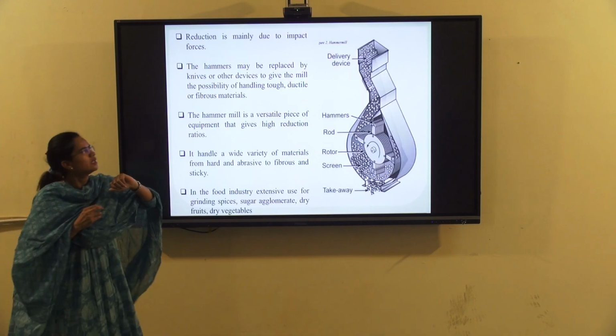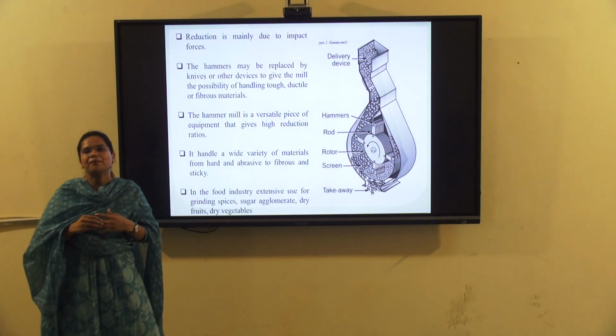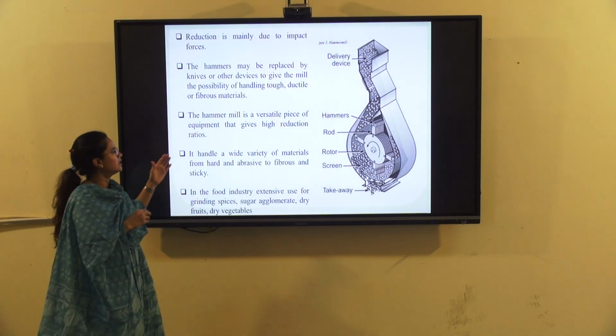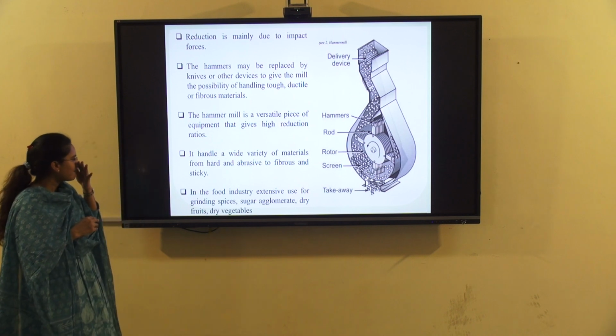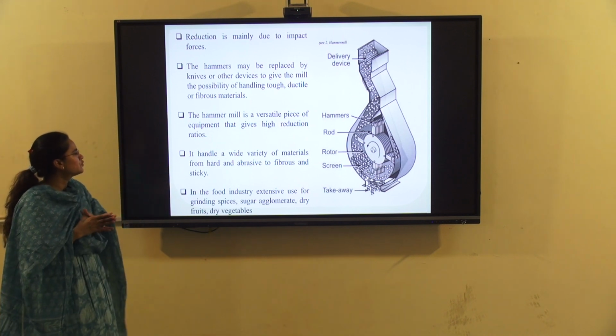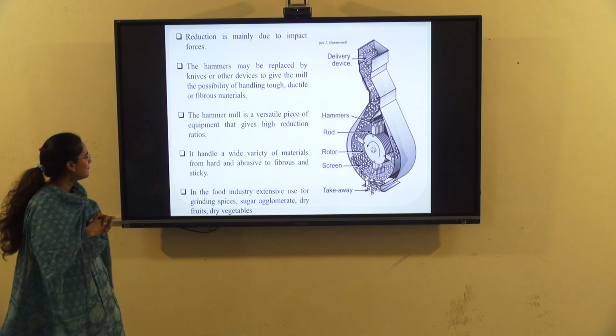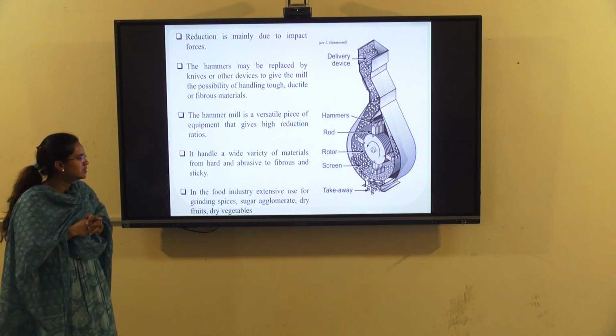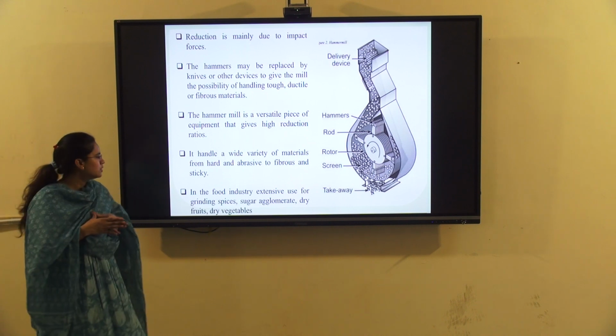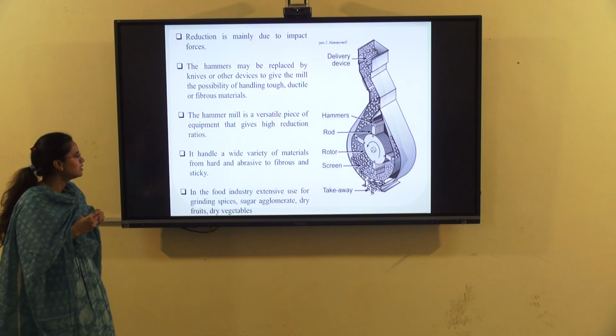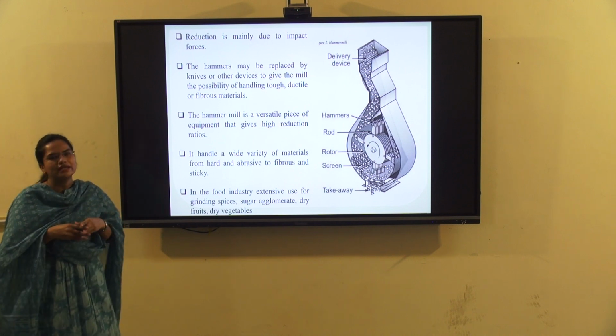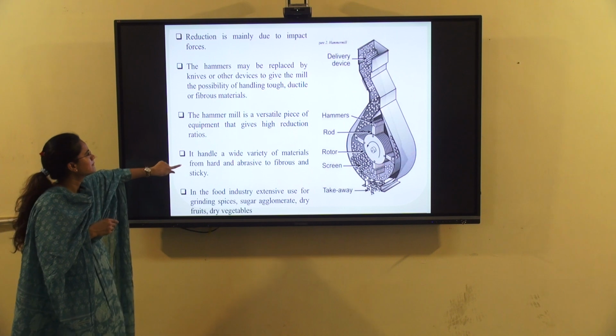The main force applied for size reduction is the impact force. It is mostly used for hard and abrasive material, and in the food industry it is extensively used for grinding spices, sugar, dry fruits and dry vegetables.